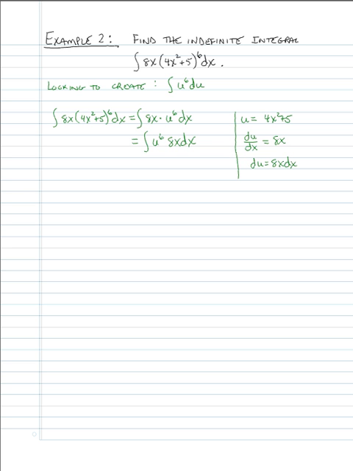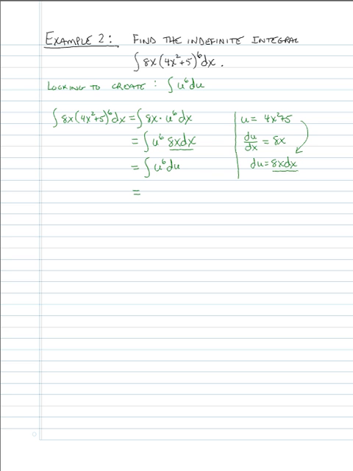Now, in the future, I'm going to skip that middle step. I'm going to say, here's what I know about du: du will be the derivative of the right side times dx. That's the way I'm going to do that in the future. But nevertheless, in this case, I'm lucky again. Here is my 8x dx appearing right here. And so I can replace 8x dx with a du, and it becomes the integral of u to the 6th du. And like I said, now we know that's what we're trying to get.